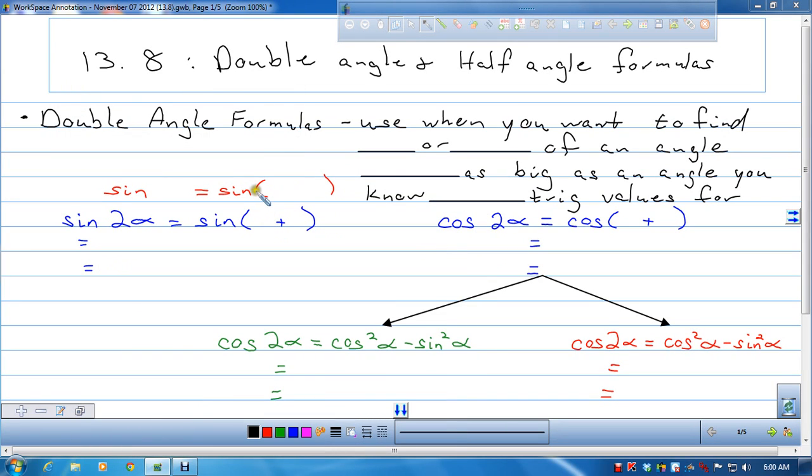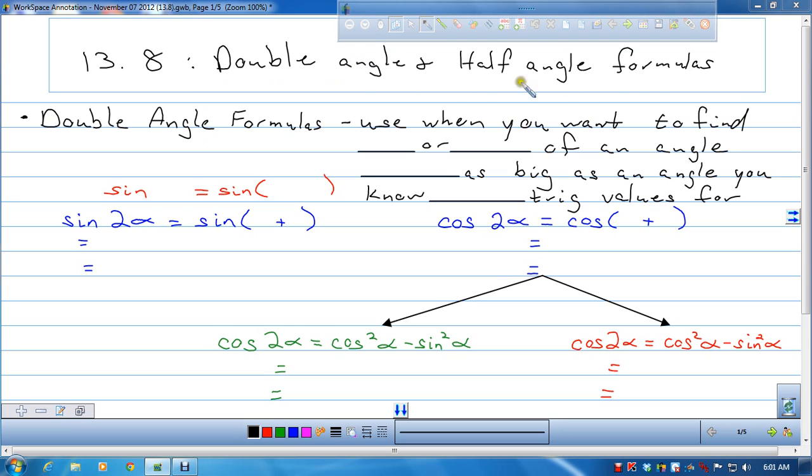Alright, Trig students, we're going to move on today to double angle and half angle formulas. If you recall from last time, we worked on angle addition and subtraction. Well, it's always angle addition, but it's when we were adding angles or subtracting angles, particularly the ones that we found on the unit circle, in order to come up with new angles, and then we could find the exact value of those trig functions.